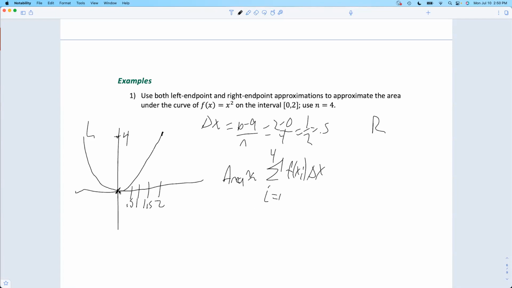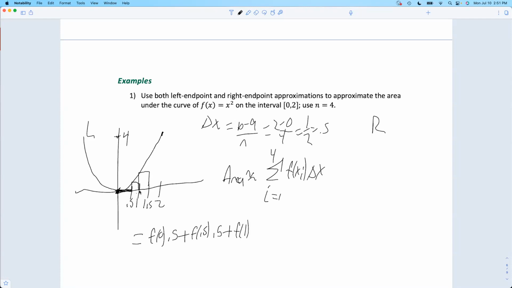So right here, here's my first spot. The height there is 0. My first rectangle, I'm finding the height at 0. So this will be f at 0 times 0.5 plus this guy here, this rectangle. I'm using the left-hand side of this interval, f at 0.5 times 0.5 plus, now this guy, f at 1.